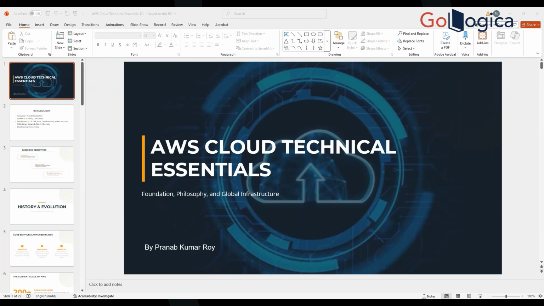Then after some time of launching these two services, S3 and SQS, they started hosting Amazon EC2. This is again a very popular compute service; the full form of the acronym is Elastic Compute Cloud. These are basically their virtual machines, the servers that we generally create.